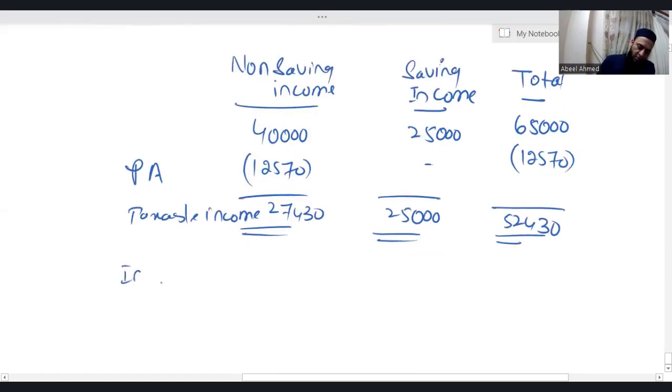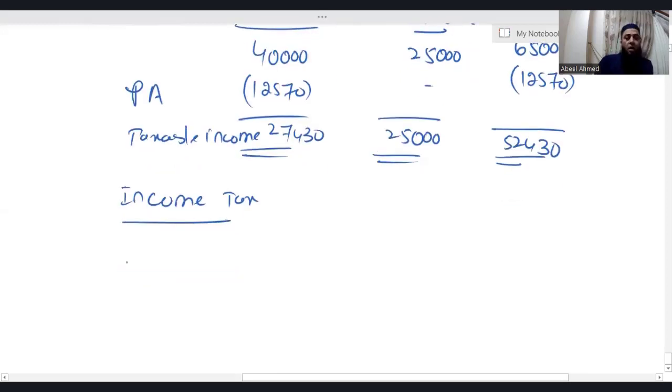Now let's see income tax. First, you have to tax non-saving income, basic rate band.